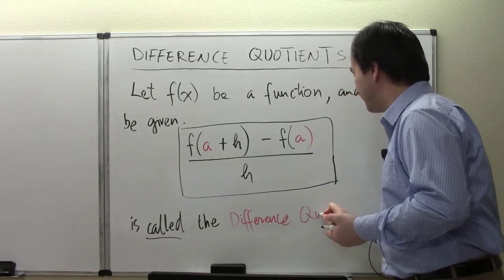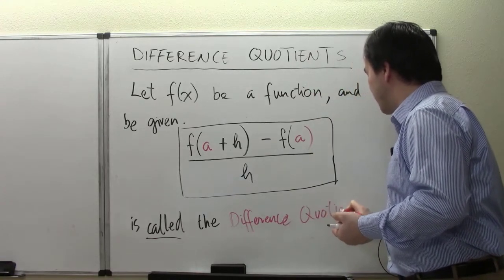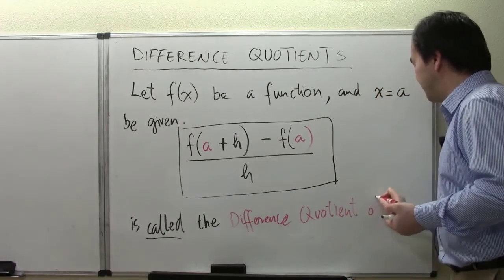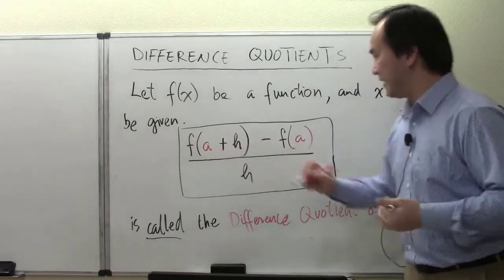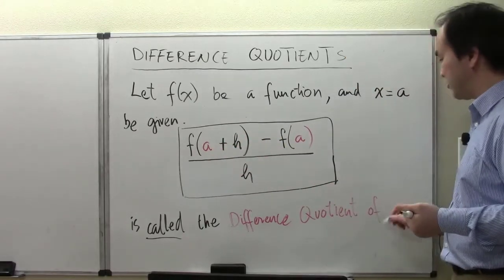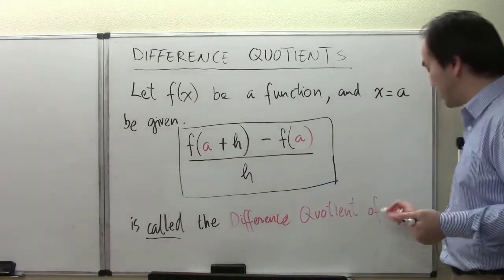It's a difference quotient based on our function, so it makes sense to regard it as the difference quotient of our function f of x given previously.